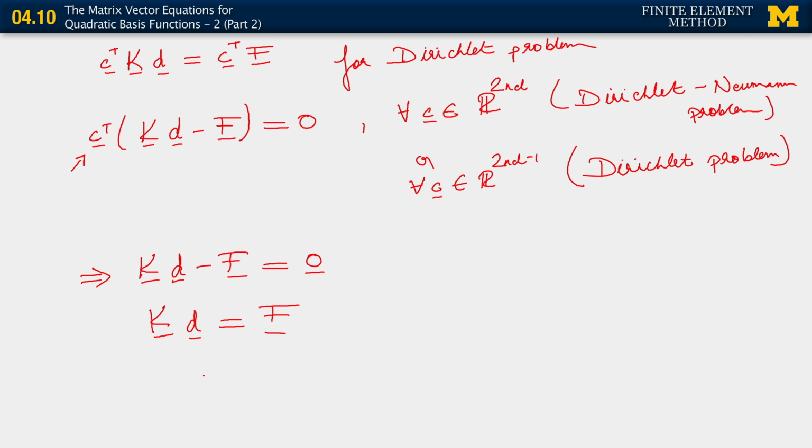And as we did for the case of the linear problem, we say from here D is now equal to K inverse F. How we actually solve this is a different matter, which we won't get into in this series of lectures, but nevertheless, this is the definition of our nodal solution. Once we have that, we can go back and regain our fields by using the basis functions. All right, this is a great place to end this segment.